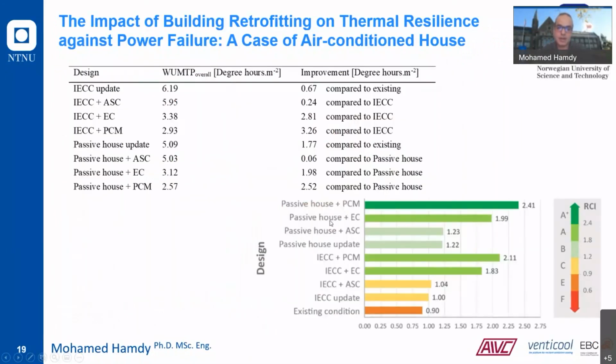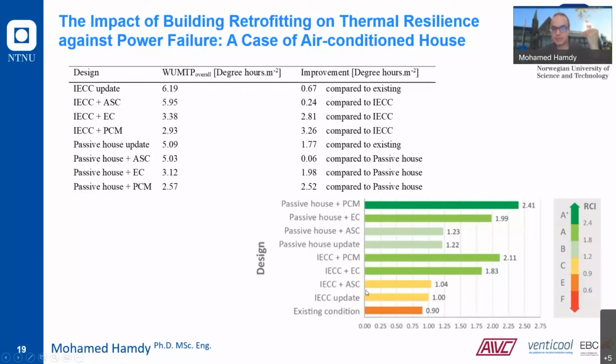When we applied it, we made different designs, like a building with an air conditioning system with PV, for example, or a building with a passive design or standard design, or with phase change material or without phase change material. So we consider different mitigation measures for avoiding overheating. And we see here the levels of all these designs are different.